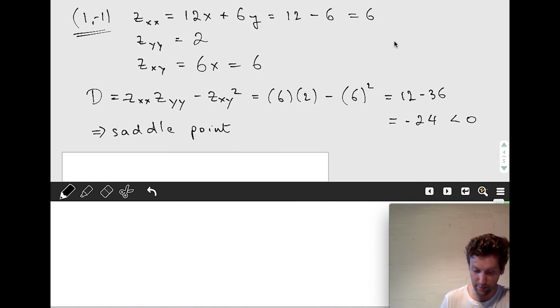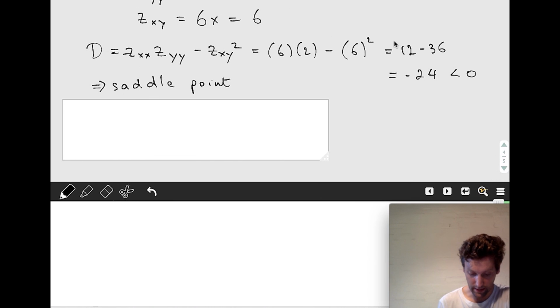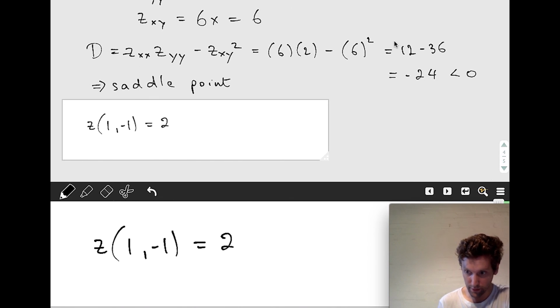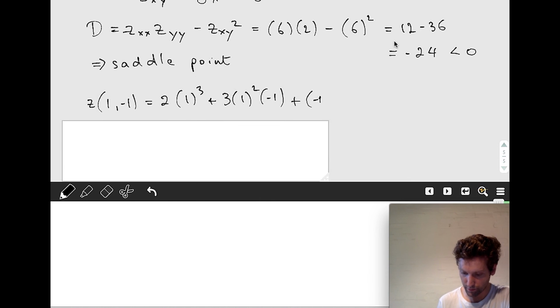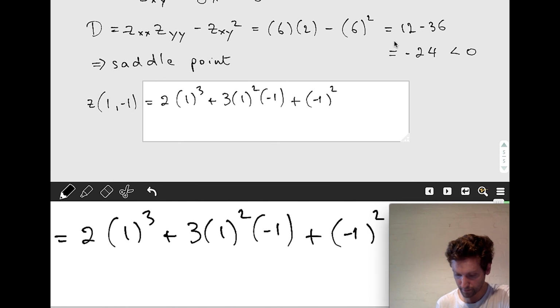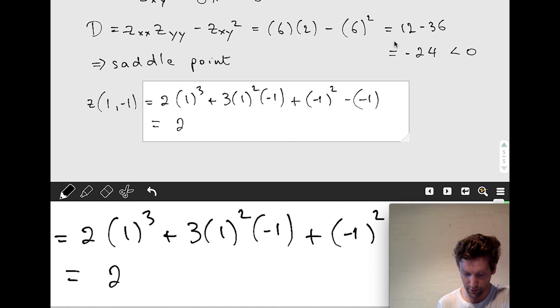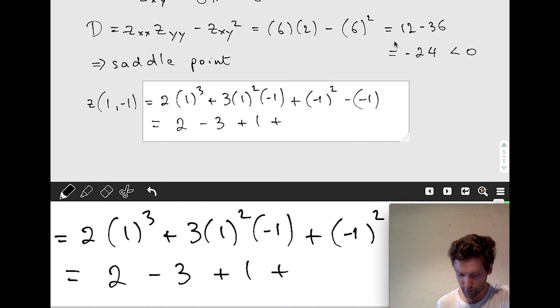Once again, our last step is to calculate the value of our function at the point. So we've got 2 times 1 cubed plus 3 times 1 squared times minus 1 plus minus 1 squared minus minus 1, which is equal to 2 minus 3 plus 1 plus 1.